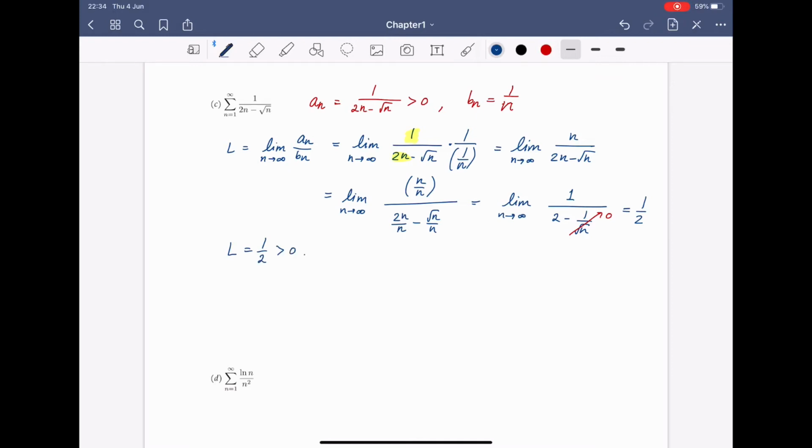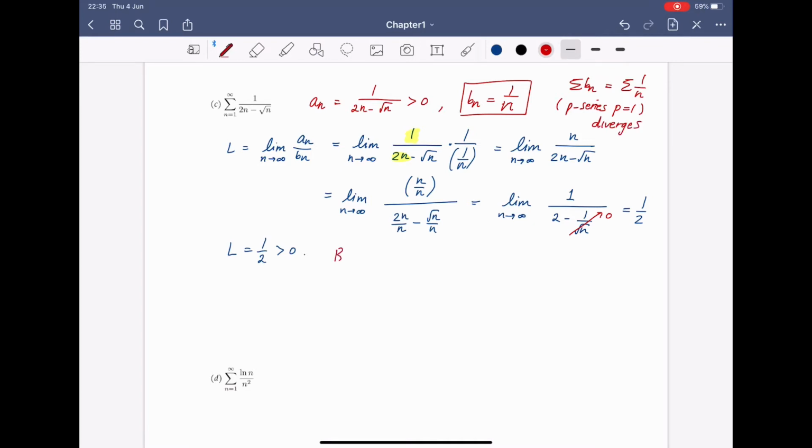So by the limit comparison test, the summation of a_n and the summation of b_n go into the same pattern of convergence. So we have b_n here equal to 1 over n. So the summation of b_n is going to be the summation of 1 over n. This is a p-series where p equals 1, or you can say this is the harmonic series. So it is divergent.